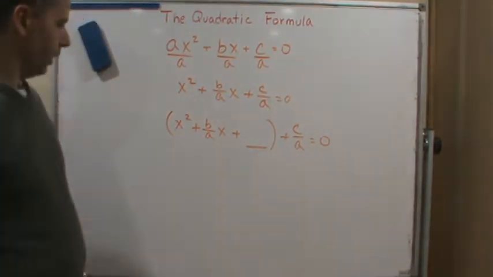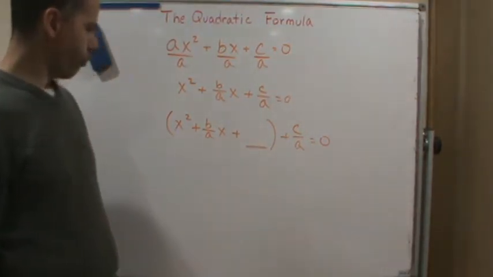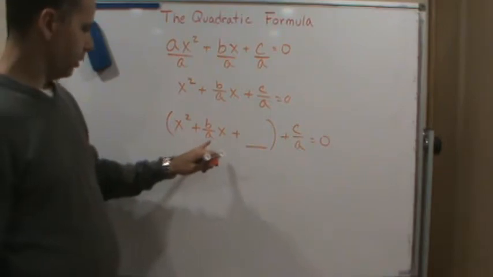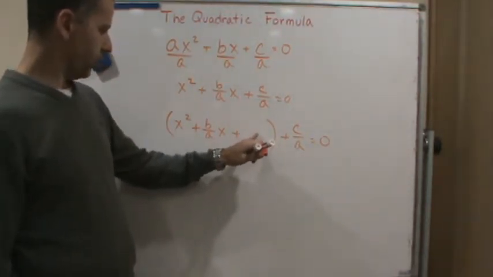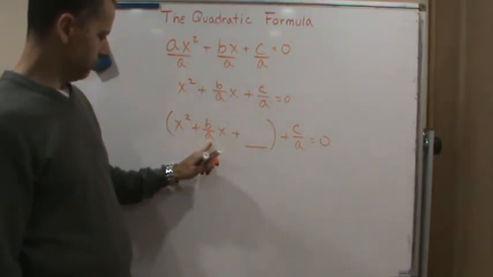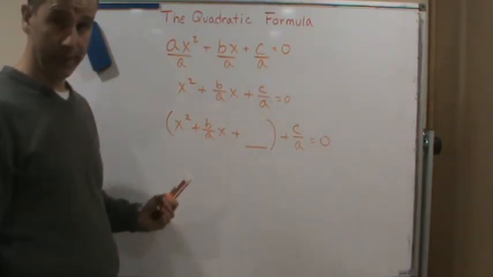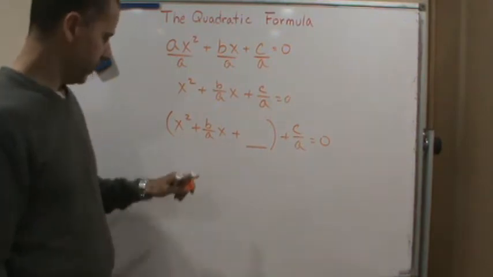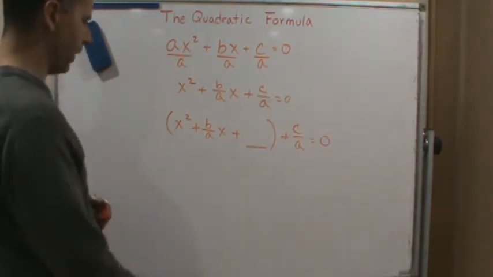Now, what do I have to add here in order to get it to be a perfect square? Well, I have to divide this by 2, or in other words, multiply by a half, and then square it.